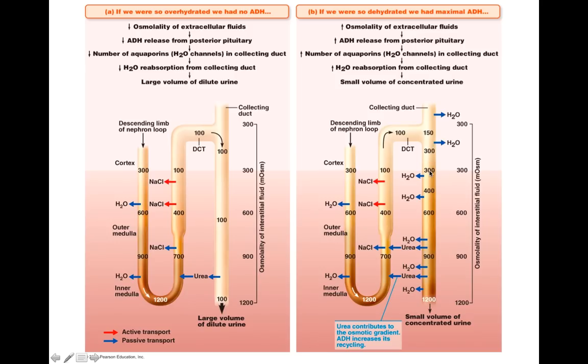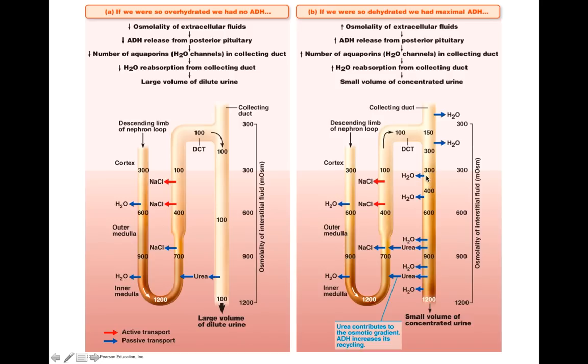Imagine that there was no concentration gradient. Imagine that there was just 300 around here, just 300 all the way around. So here, when the interior of your collecting duct has reached 300, you would not have any additional water reabsorption at this point. You would not be able to get to 400, 600, 1200 within this collecting duct because you would have equal osmolarity.